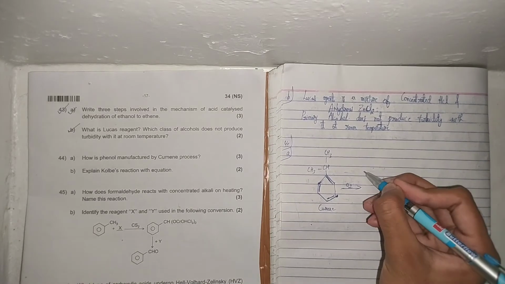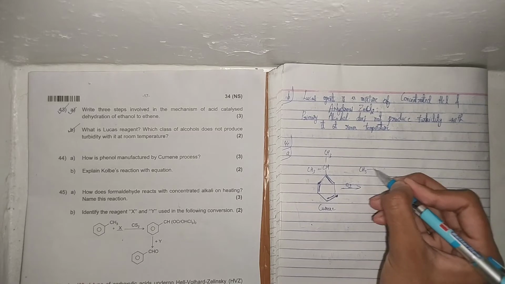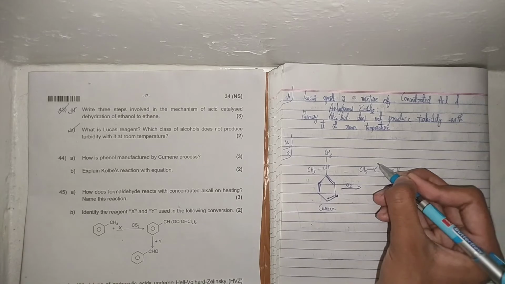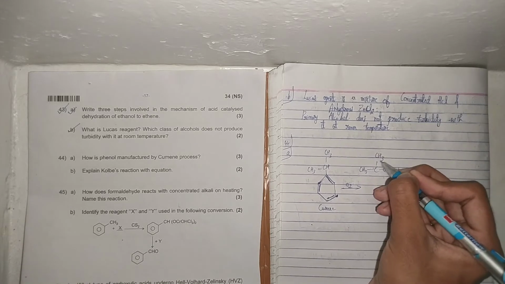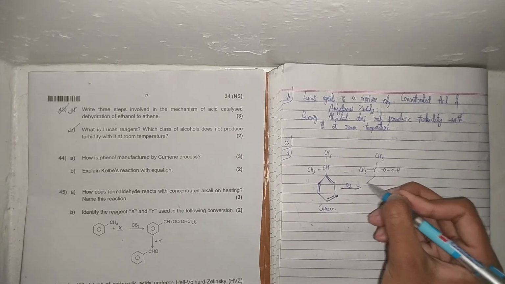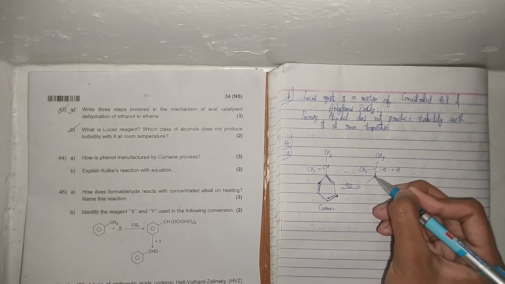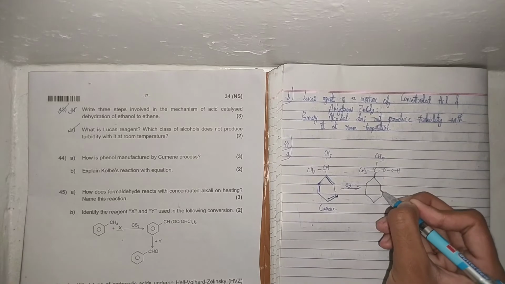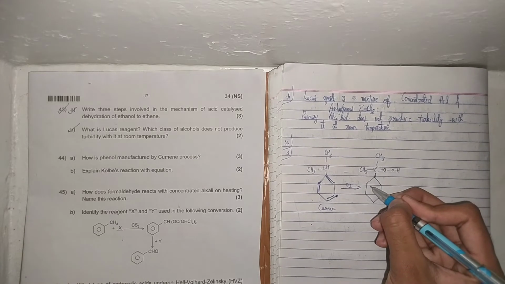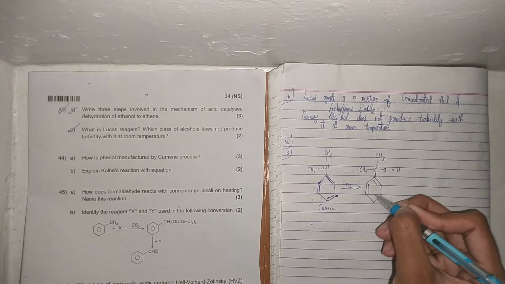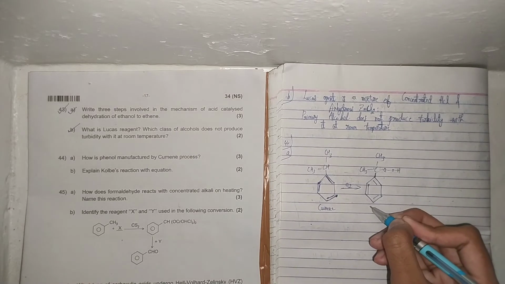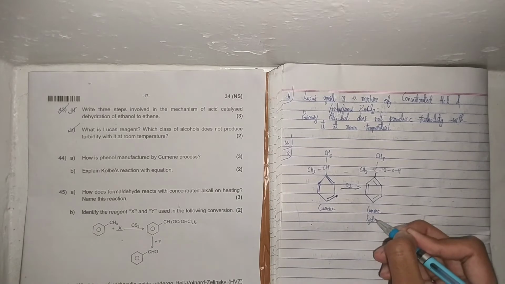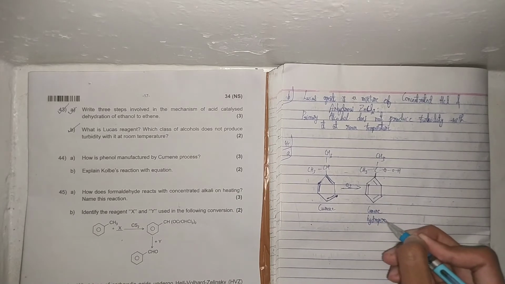And here next we will get CH3, single bond C, single bond O, single bond O, single bond H, here CH3. It is cumin hydroperoxide.